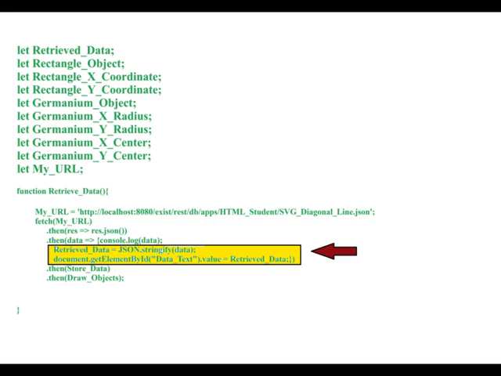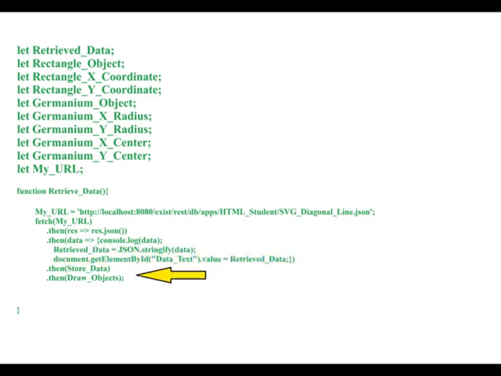And then you told it to take that data in the data variable and store it in the retrieved data variable, which is a global variable, so I'll be able to send that information from one function to the next in that sequence. And then the next part of that sequence was to turn the data in the retrieved data global variable into string data so it can be displayed in the text box. Okay?